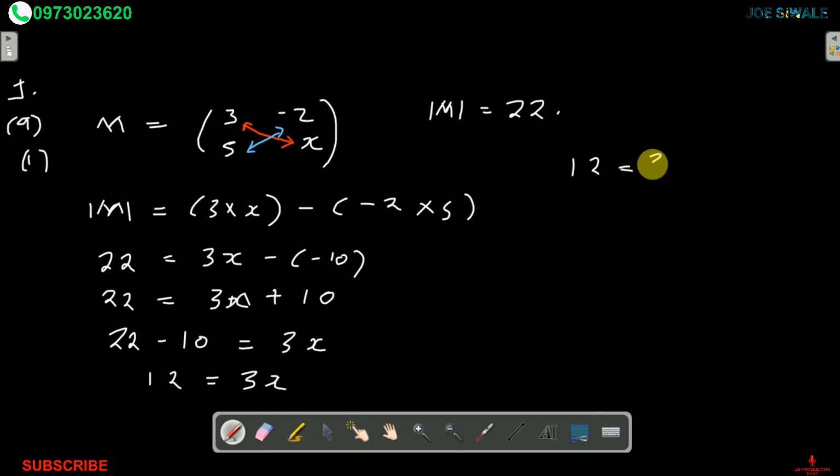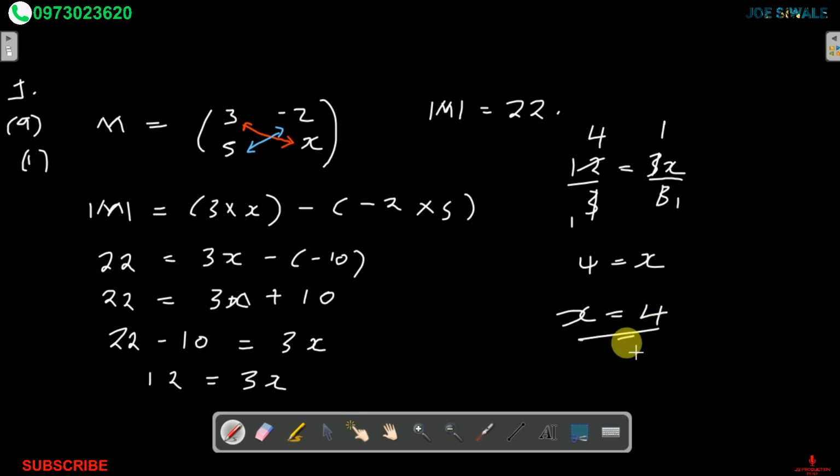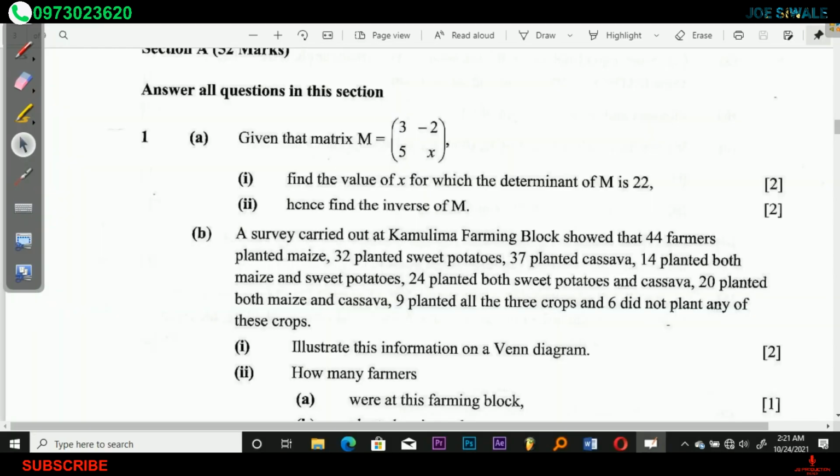To calculate the value of x there, we're going to divide both sides by 3. 3 into 12, we know that's 4. So we can say x is equal to 4. So that's our answer, x is equal to 4.